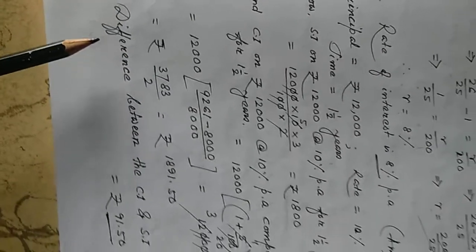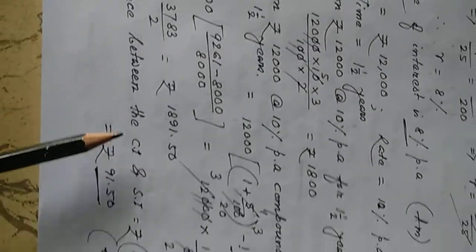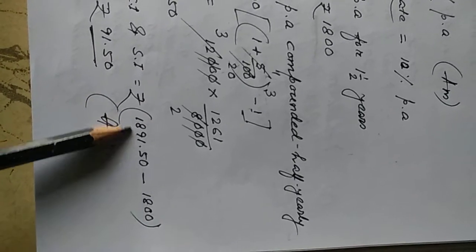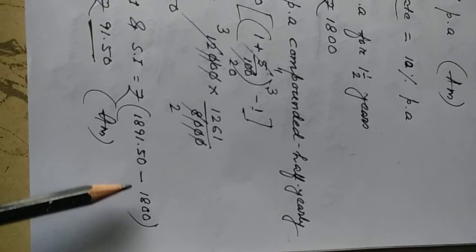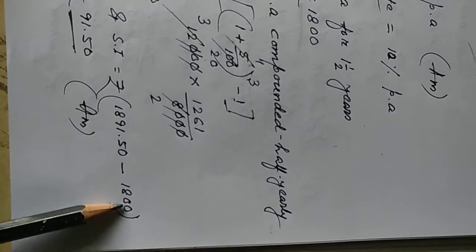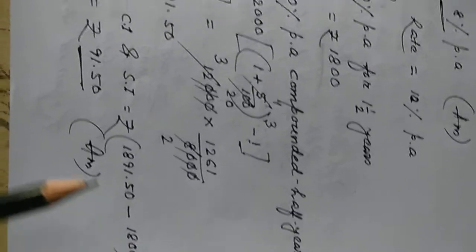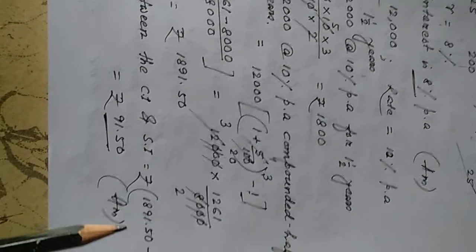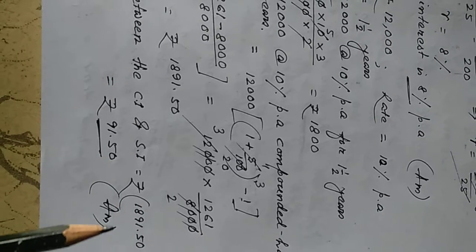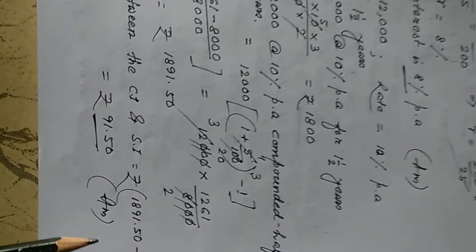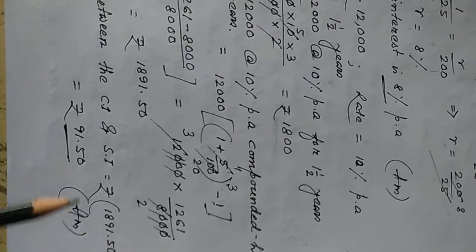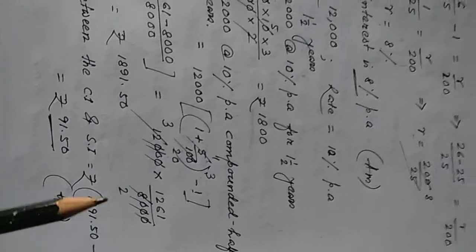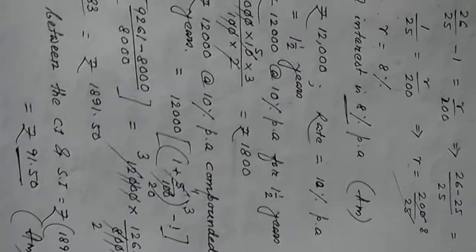So now the difference between the compound interest and simple interest equal to rupees 1,891.50 minus 1,800, and the difference is 91.50. So this will be the answer: the difference between the compound interest and simple interest on rupees 12,000 for 1.5 years at the rate of 10% per annum, and compound interest is compounded half yearly.